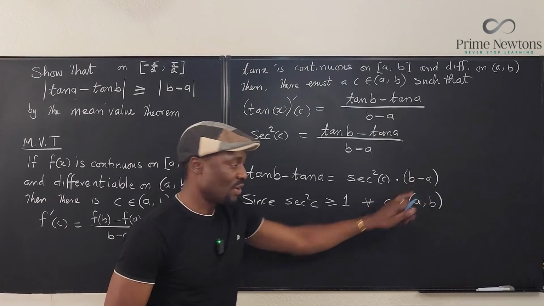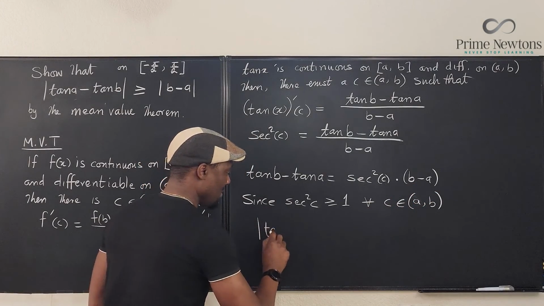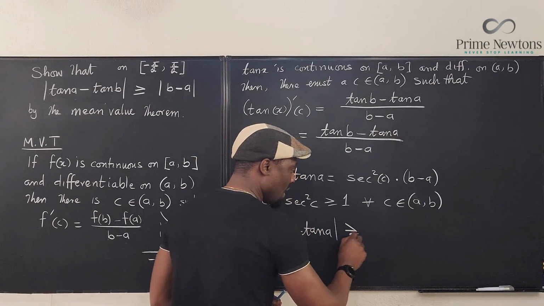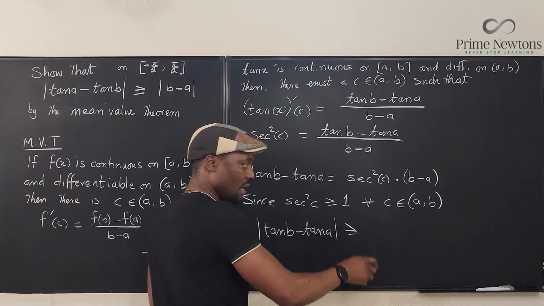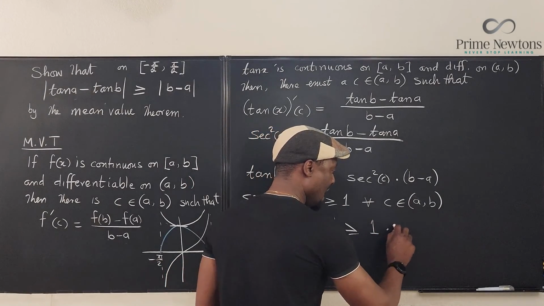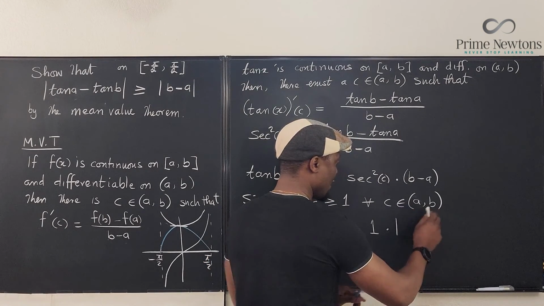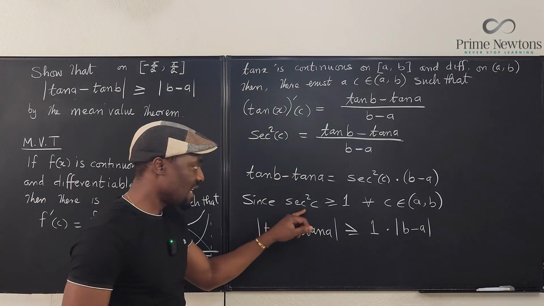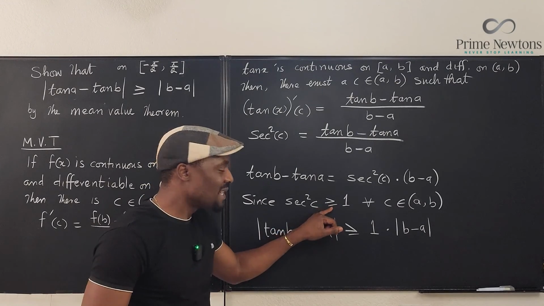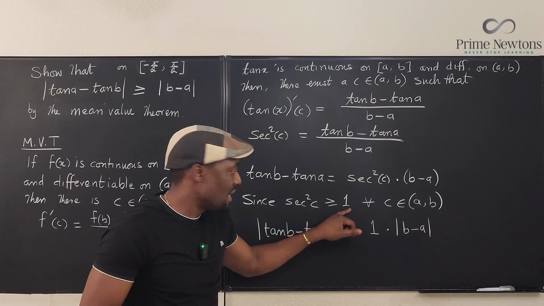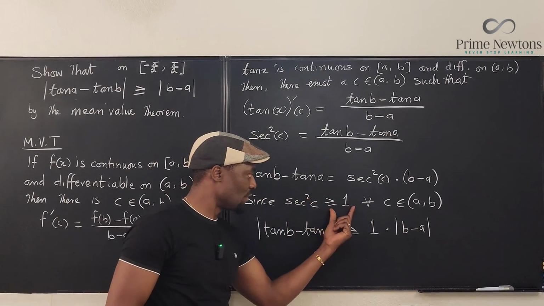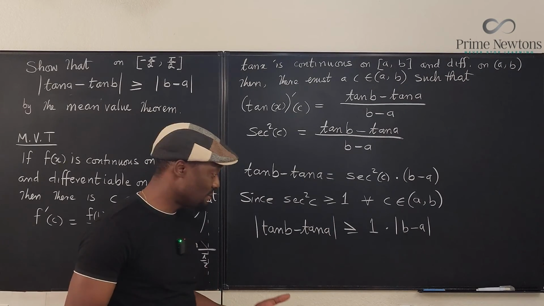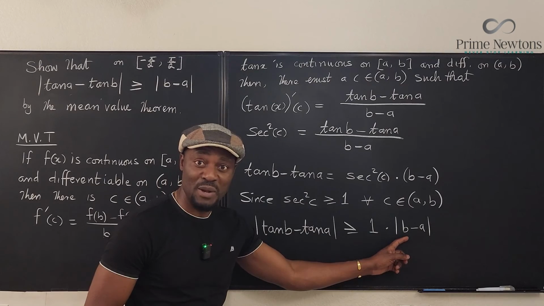Whatever this is, we can say that the absolute value of tan B minus tan A will be greater than or equal to 1 times the absolute value of B minus A. Do you see what I just did? Since secant squared c will always be at least 1, just introduce the other side to be 1. That same minimum becomes the number you put here. So it appears we've come to the very end because you just need to multiply this by 1.